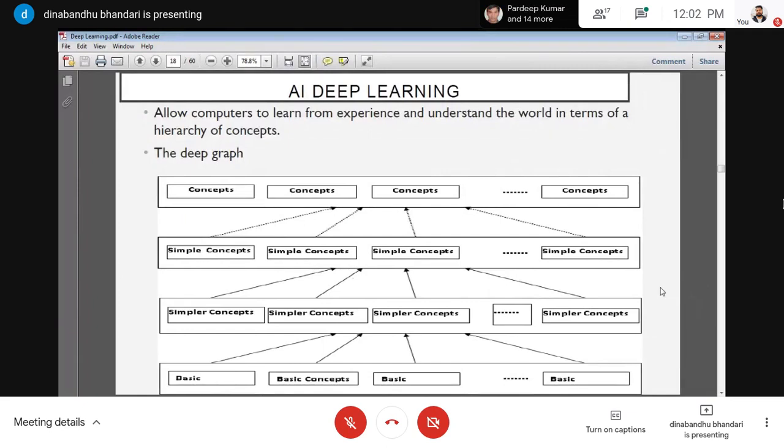In deep learning, there is some basic information. Say whenever we go for face recognition, recognizing a face is very complex. It's not easy, and surprisingly, the human being has a very complex mechanism to identify a face.